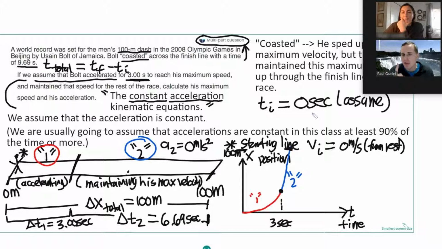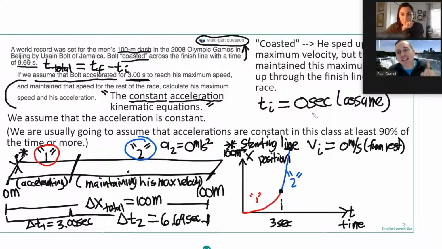Think about this very carefully. Usain is accelerating in segment 1 up to 3 seconds. He reaches his maximum velocity. Listen carefully. That's the final velocity of segment 1.